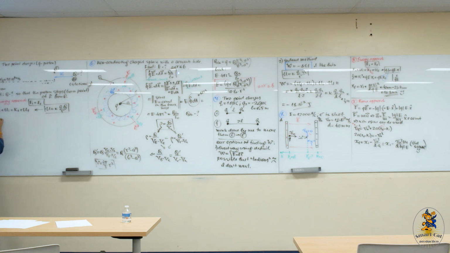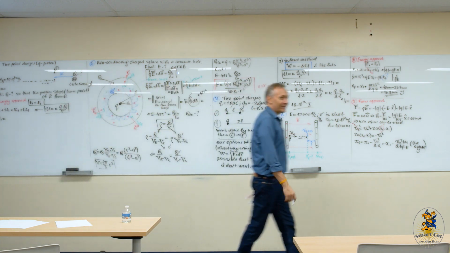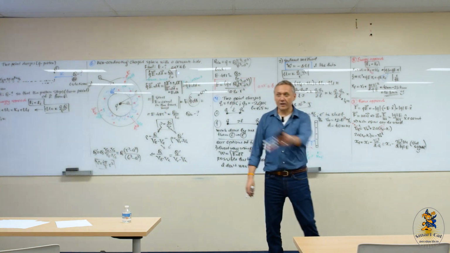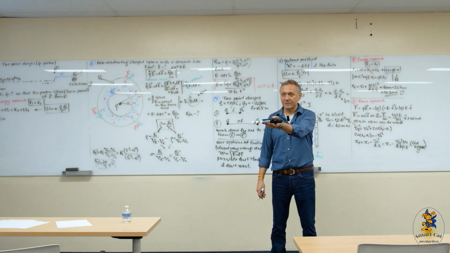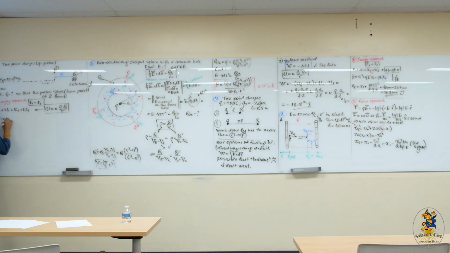So let's write U initial. What can you say about the initial potential energy? Because r is, what's the value of r? Real big. Yes. K, Q, q, and r, which is at infinity, r initial. It's 0. So when something goes to 0, U initial is 0.